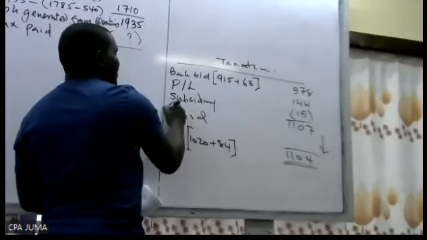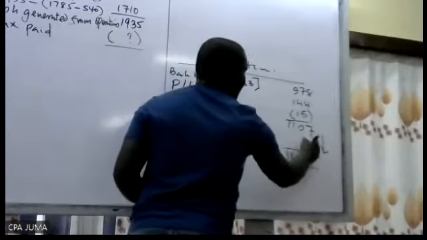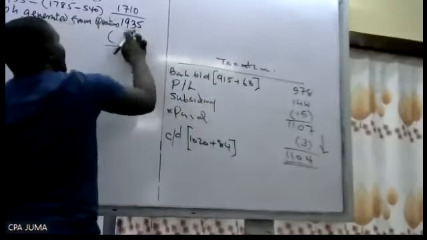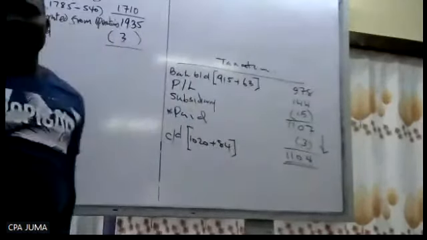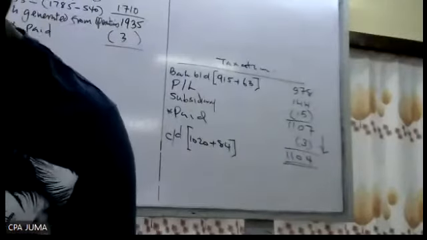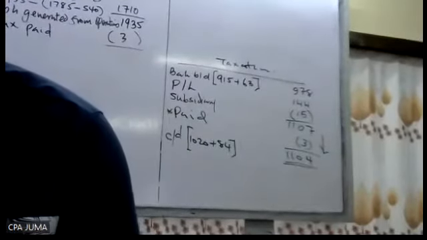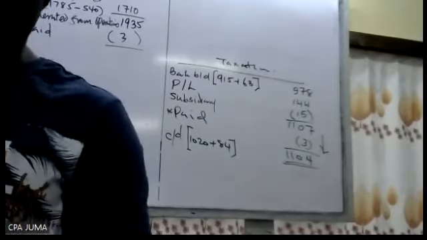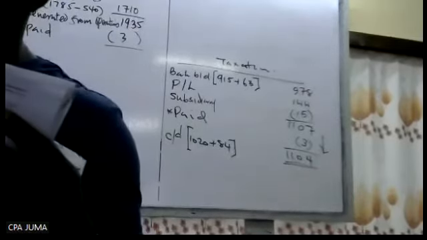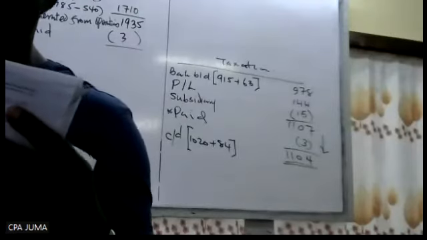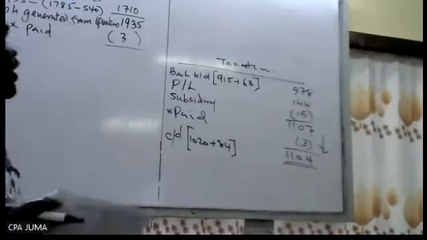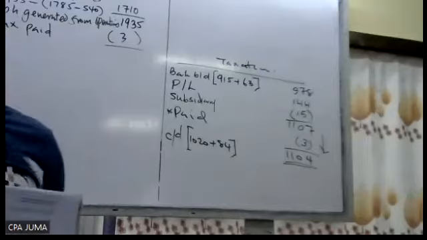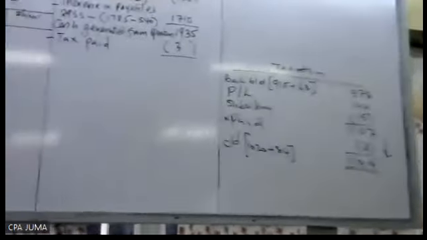So tax paid, how much? 3. Everyone has seen where they were making mistakes. Madenge, you used 555 instead of 144. Be very keen. The good thing is everyone has seen where the problem is.